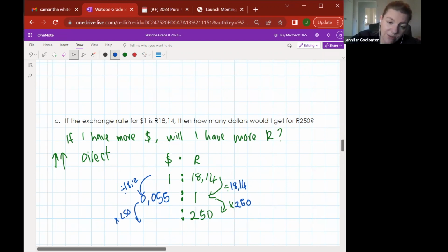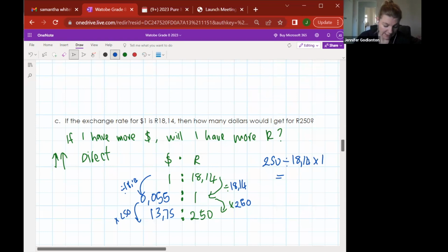If you had 0,055, you'll get the answer 13,75. But some of you may have different answers depending on what you rounded to. If you had just put into your calculator 250 divided by 18,14 times 1, then you would have gotten 13 Rand and 78 cents. So I would have given you each of those answers. If you had shown your working, I would have given you the 13,75.